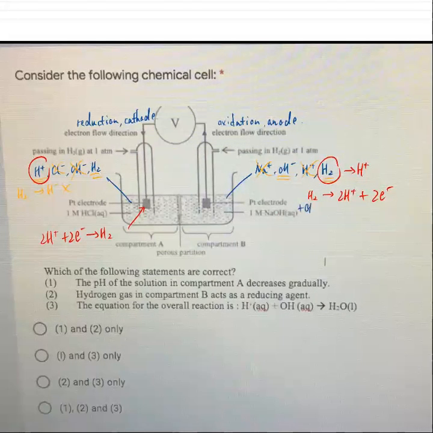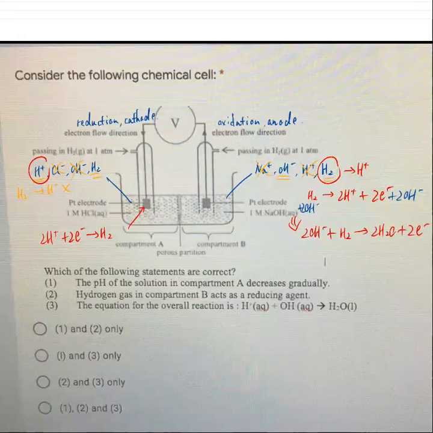If we add 2 hydroxide on the left hand side and 2 hydroxide on the right hand side, then we can turn the equation into 2 OH minus plus hydrogen, becoming 2 water and 2 electrons. Right, then we've finished analyzing these 2 parts.